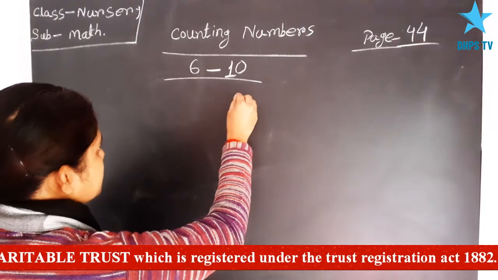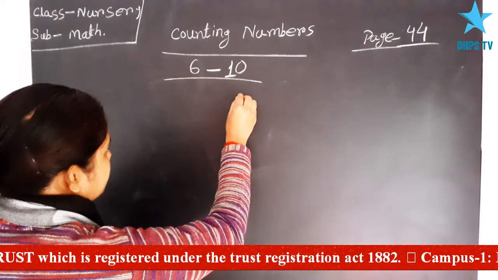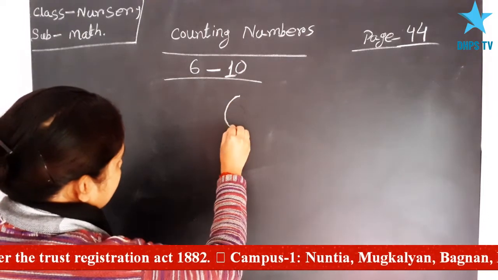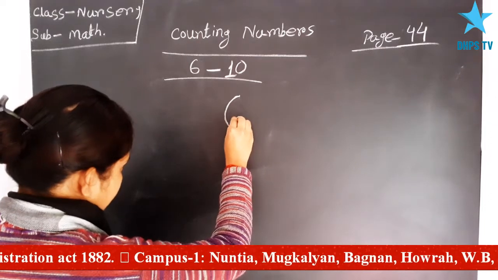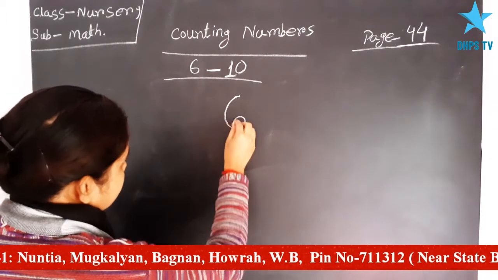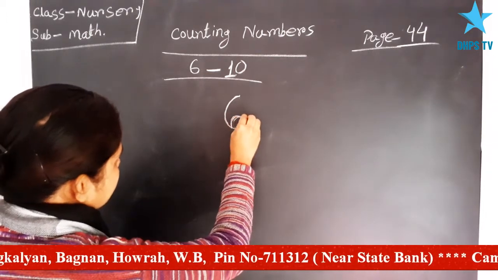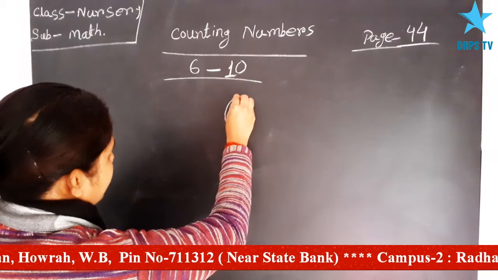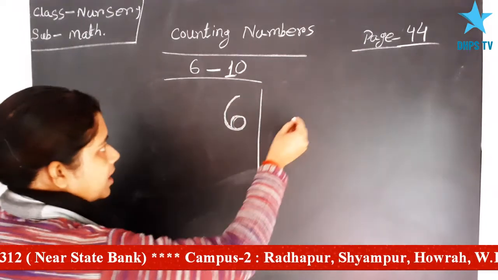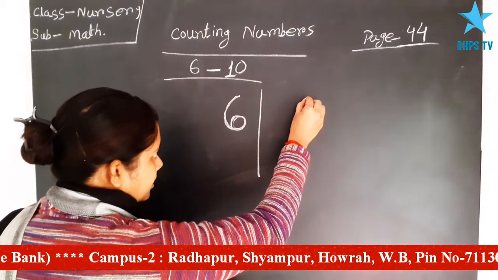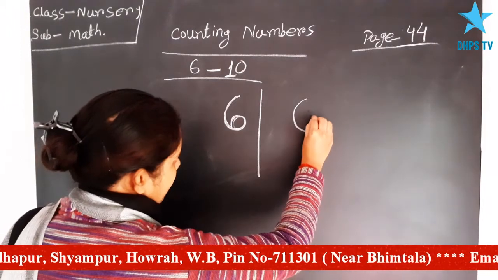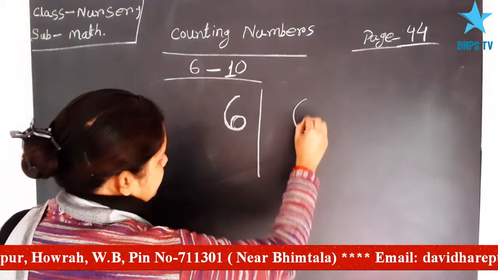At first start with a point and make a curved line, and then like that make a circle at the end of the curve. So again I am repeating. At first start from a point and then make a curved line, and at the end of the curve make a circle like that.